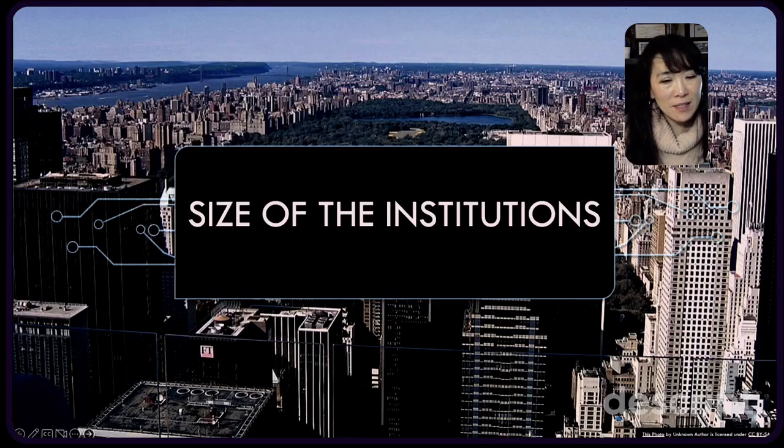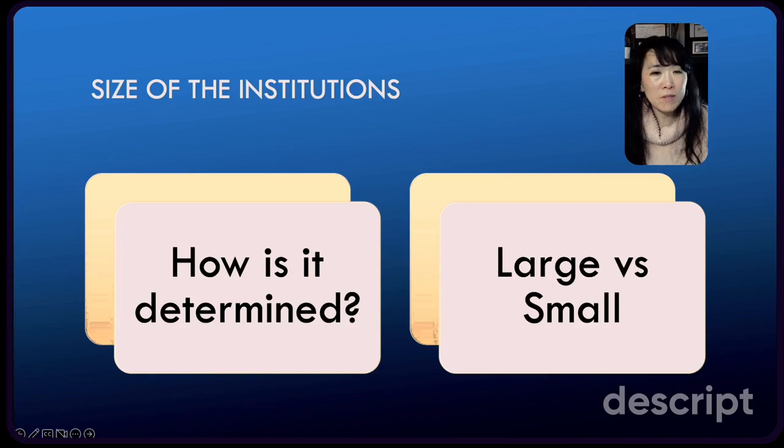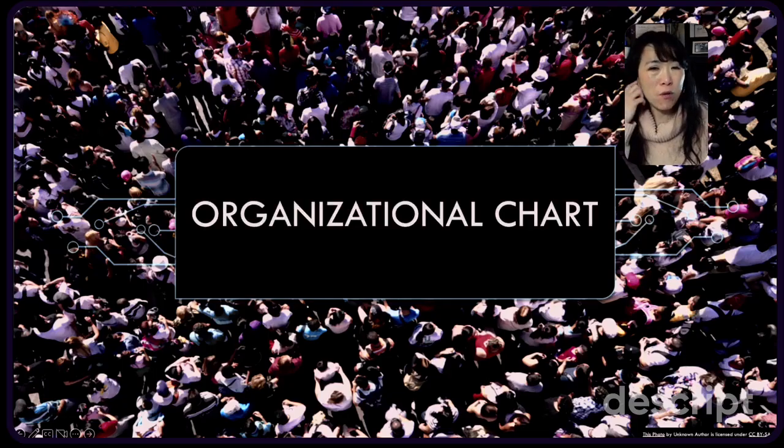We talked about this last week in terms of the size of the institutions. Remember, the larger institutions mean that you have a large student population, large versus small. So think about this: the more students that come into the program, the more tuition, so you get more funding altogether.